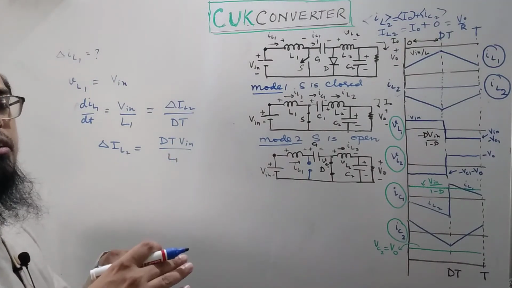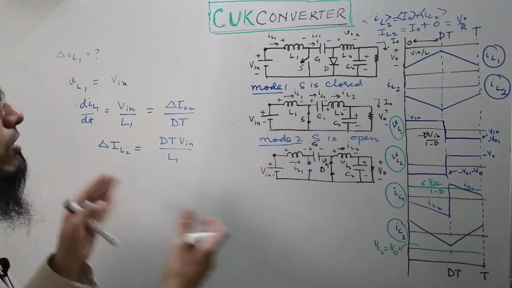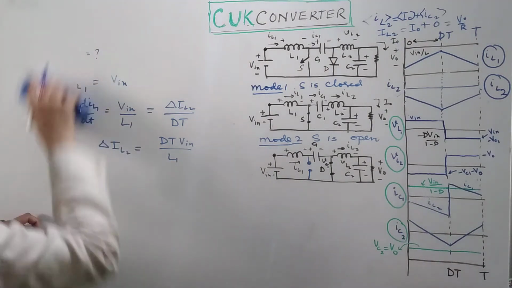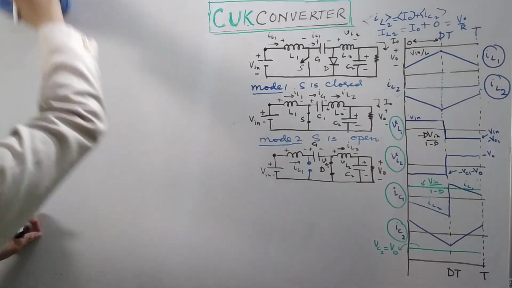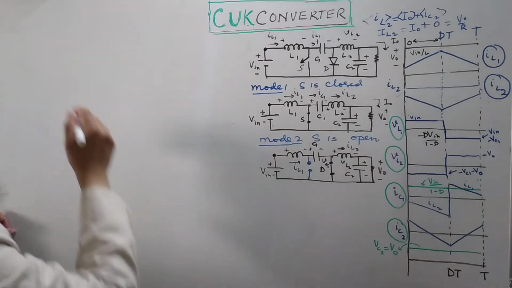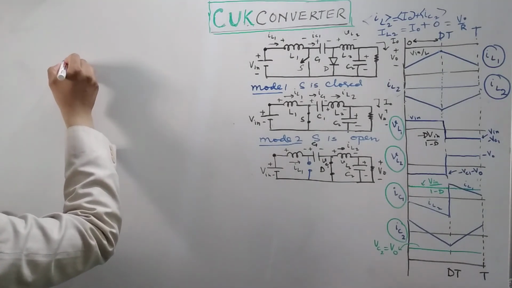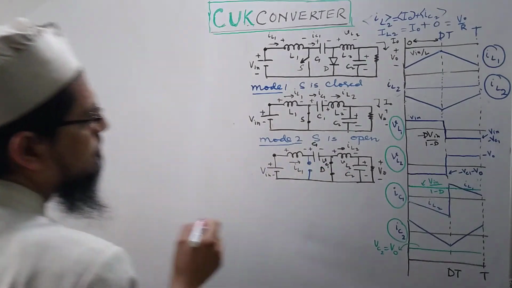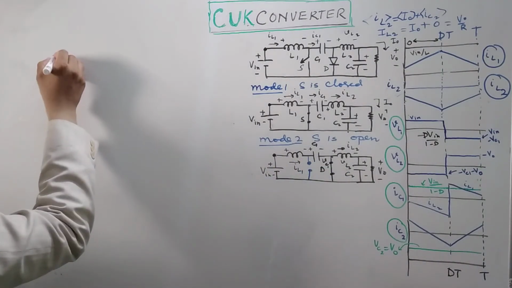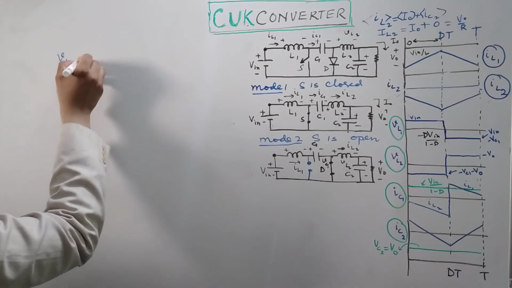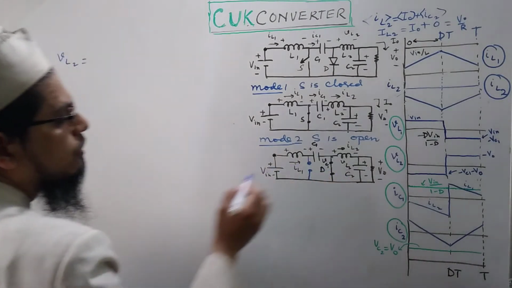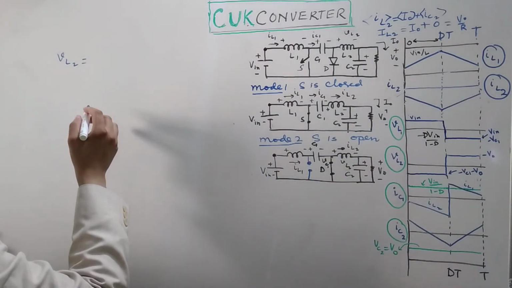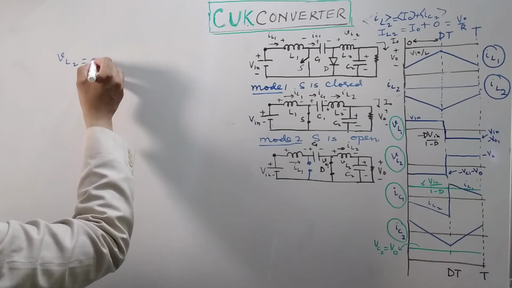Replace Vin by the expression containing V naught. You can express it in various ways. Now look at the current ripple in inductor L2. So let me take mode 2 for it. VL2 in mode 2: you take KVL in this loop.